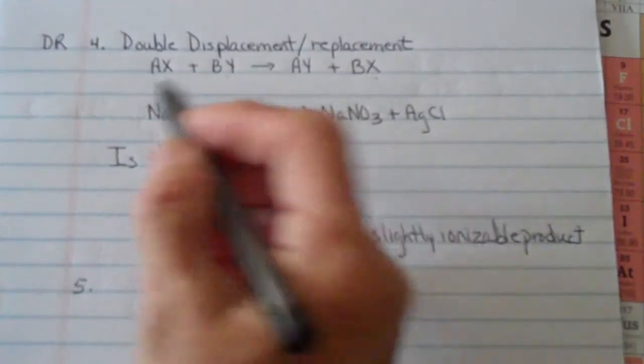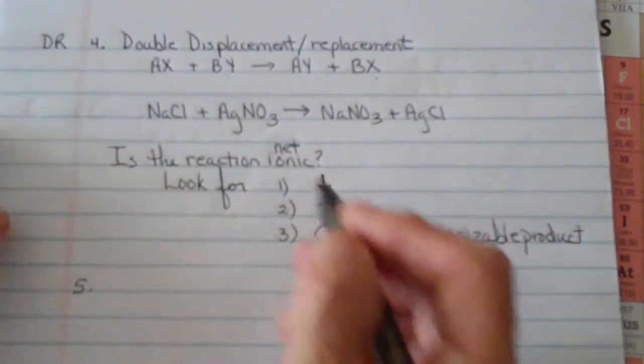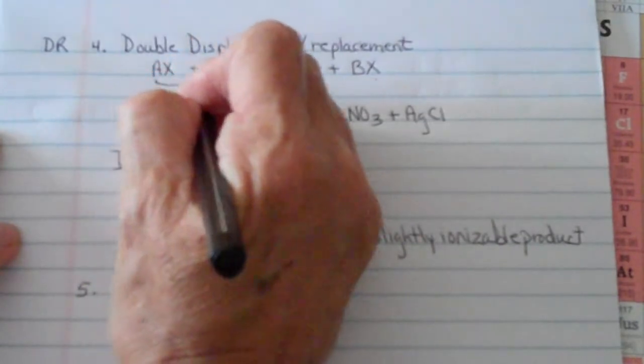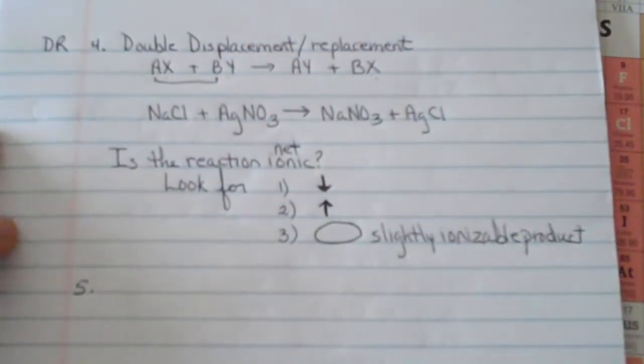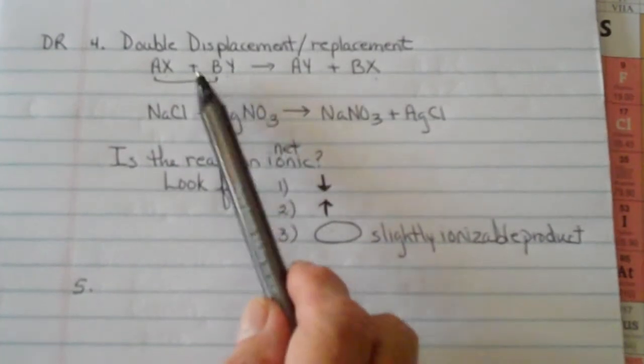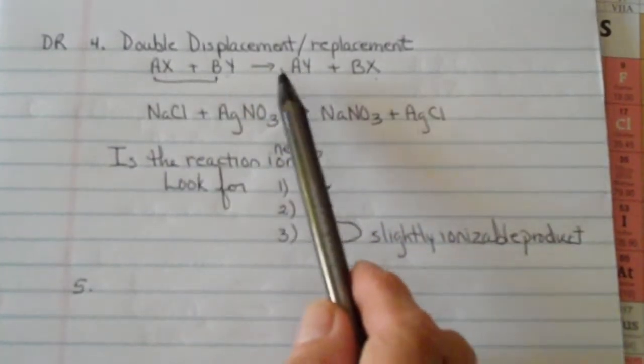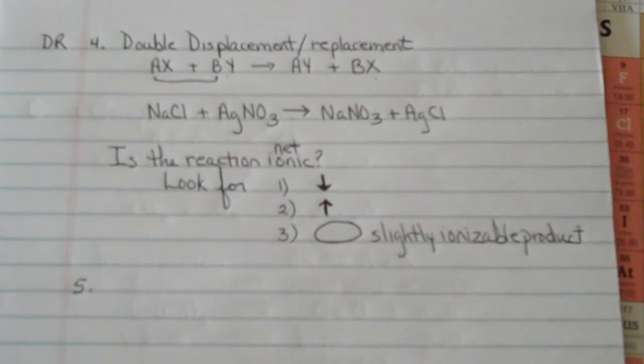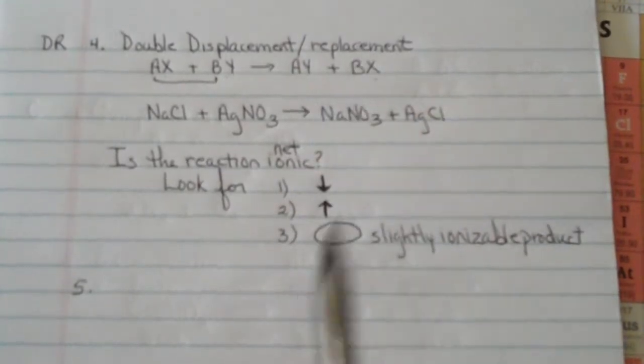So you look at this and you have AX plus BY. And what's going to happen here is you're simply going to exchange the positive portions to form AY and BX. Remember that the positive part of the molecule is always listed first, the negative last. And the order of the two products does not matter.